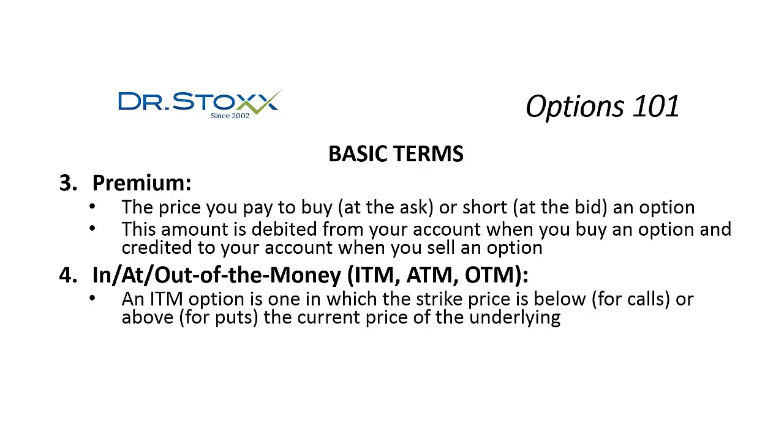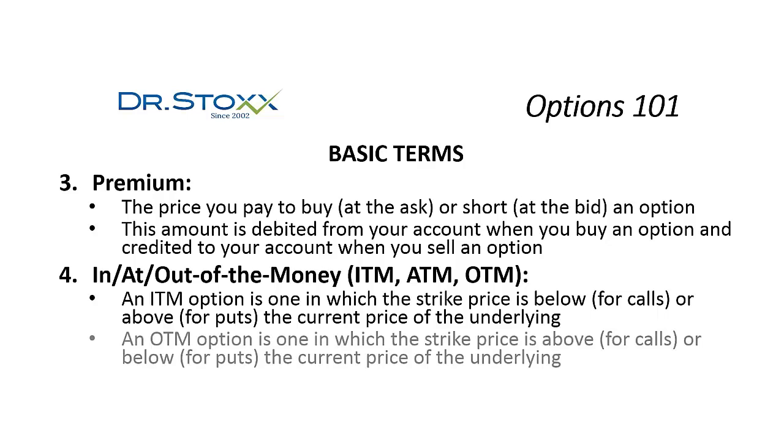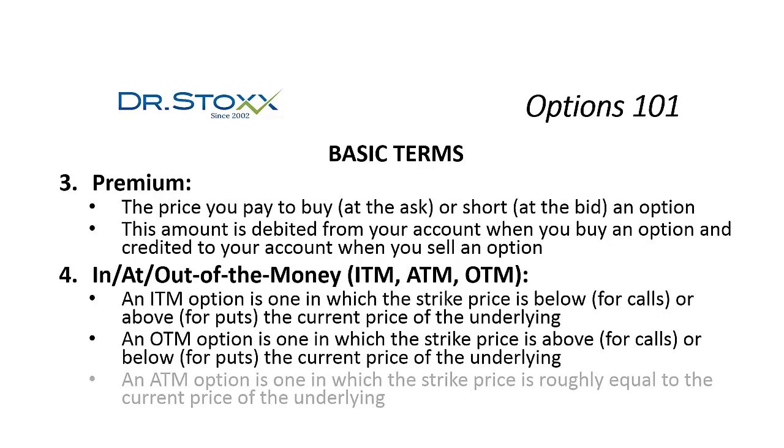So, for example, an in-the-money option is one in which the strike price is below, for calls, or above, for puts, the current price of the underlying. An out-of-the-money option is one in which the strike price is above, for calls, or below, for puts, the current price of the underlying. And an at-the-money option then is one in which the strike price is roughly equal to the current price of the underlying.